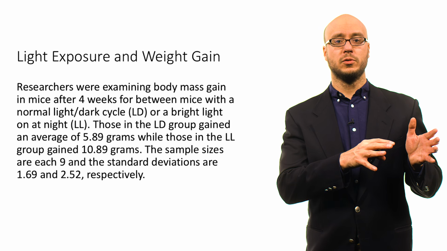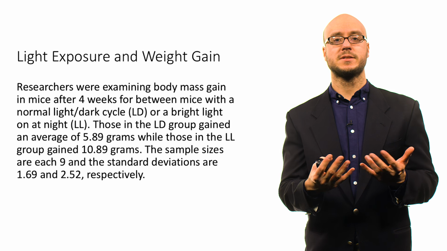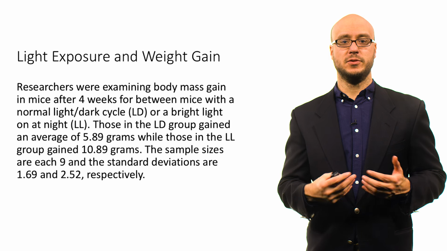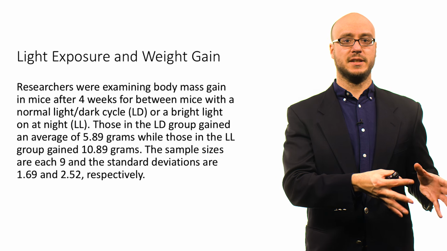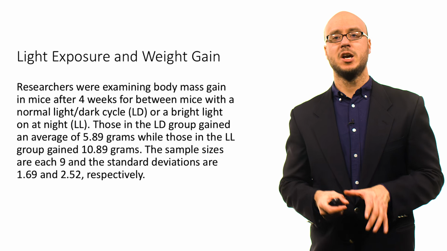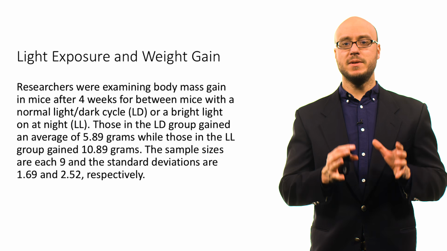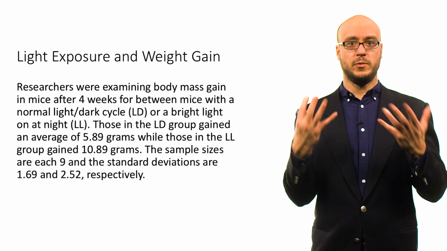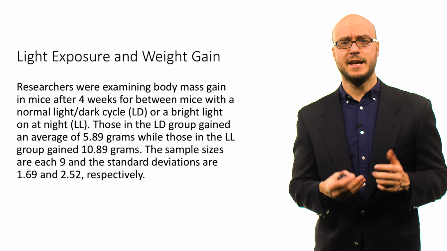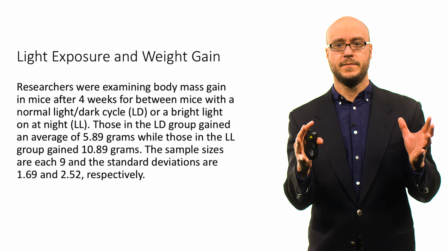The normal group, the light and dark cycle, is what you'd expect to experience if you didn't have access to any kind of electronics at night. You would just be exposed to light during the day and dark at night. While the bright light at night mimics what we are all exposed to in today's world when we use electronic devices at night. The idea is, what happens if you just give mice light all the time?